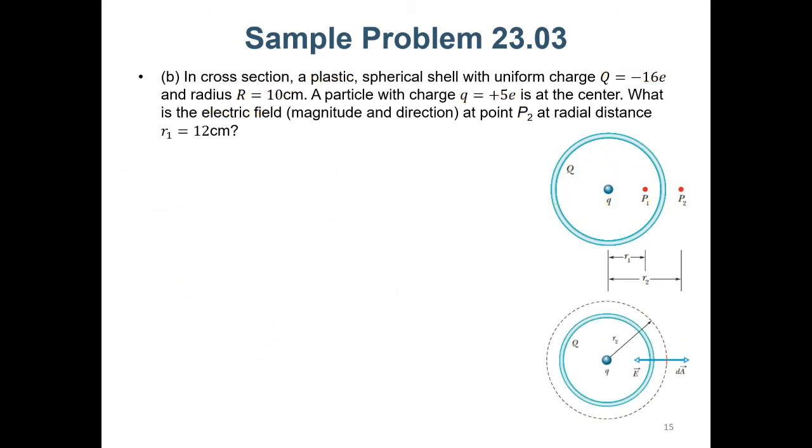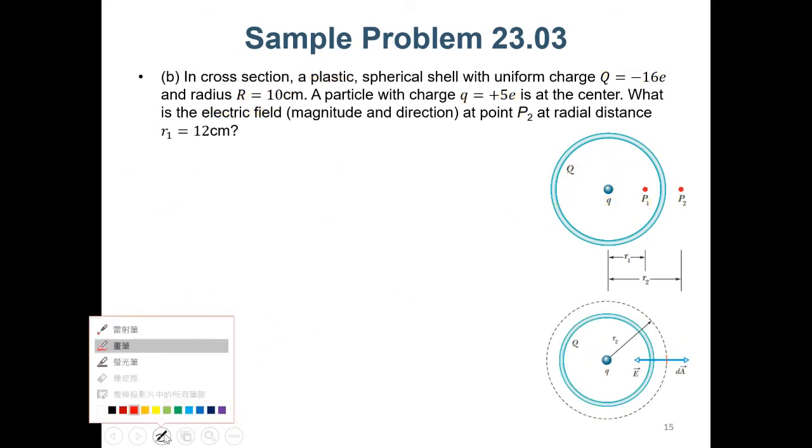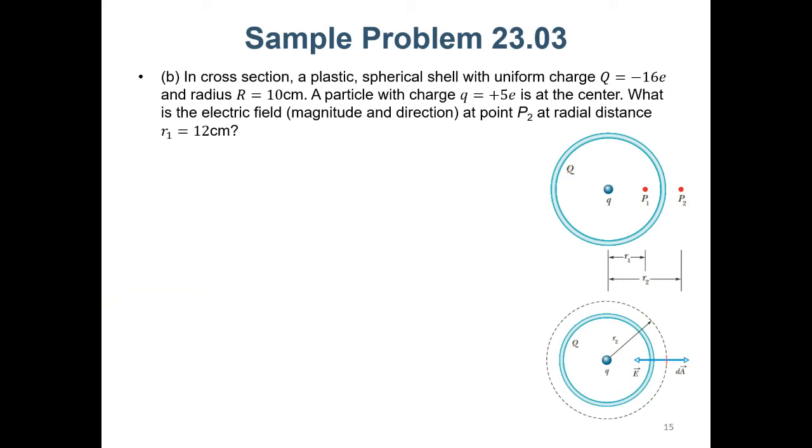Okay. So for part B, the first part should be the same, but here we calculate the E field at point P2. So here we define the Gaussian surface here. This is R2.